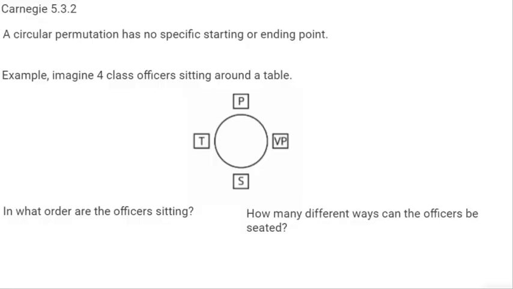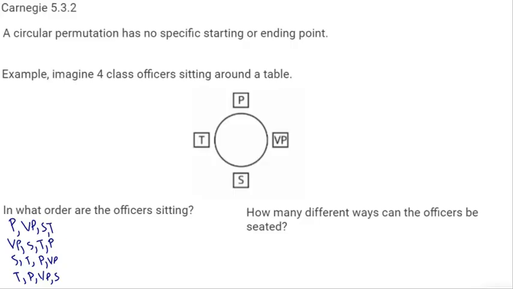When our elements are arranged in a circle, the calculation for permutations changes ever so slightly. This is because the circle technically doesn't have a set starting or ending point. So depending on where you start counting, you can write the same arrangement in multiple ways.